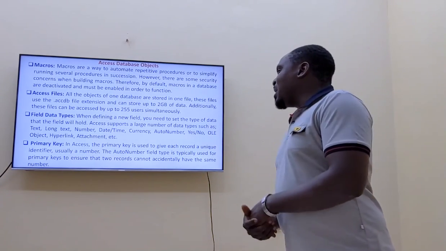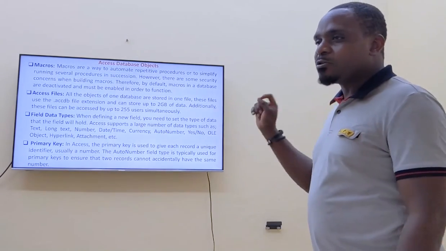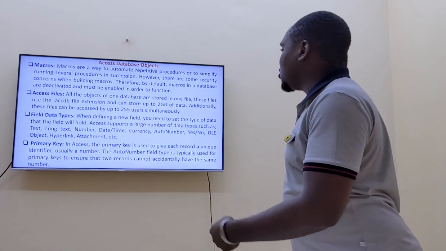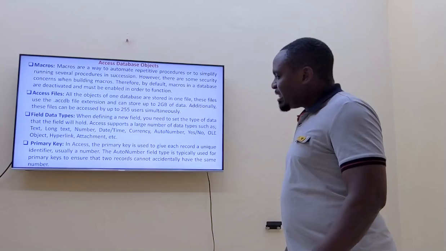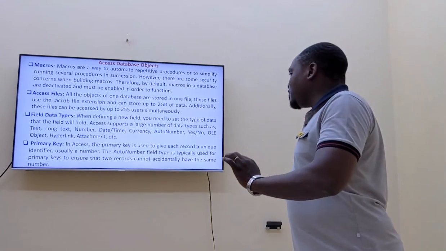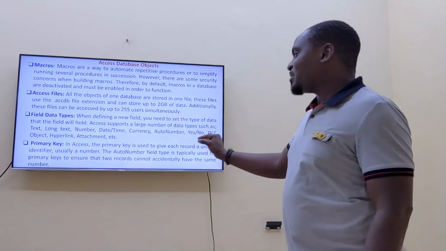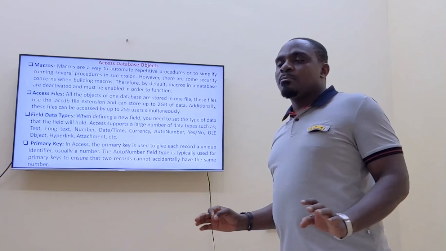Then we have what we call the primary key in a database, especially in Microsoft Access. In Access, the primary key is used to give each record a unique identifier, usually a number. The auto number field is typically used for primary key assignments to ensure that two records cannot accidentally have the same number.